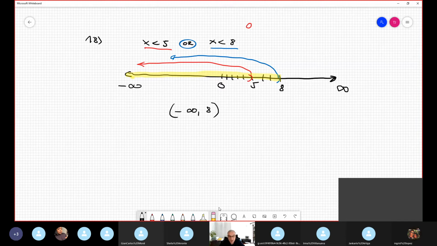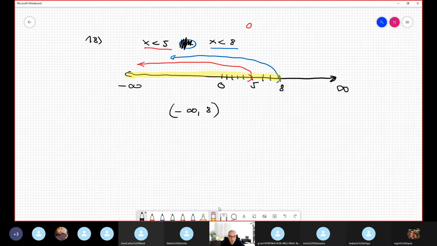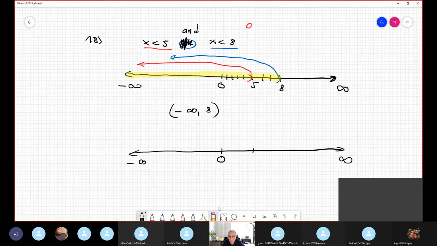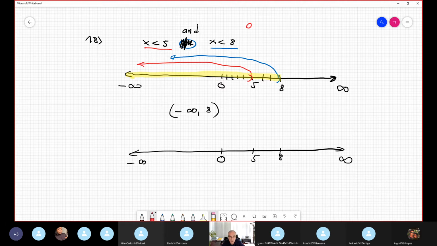Suppose, just out of curiosity, I change the conjunction to and. So what is the answer? Just curiosity, to complete the review. It's the common part. What is the common part? Again I do the same picture. 5 is like that, and 8 is like that.